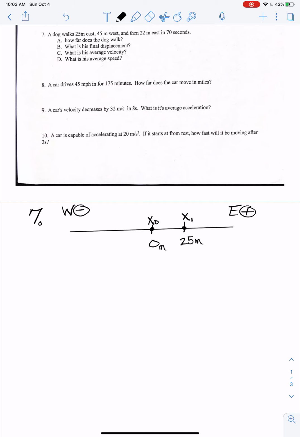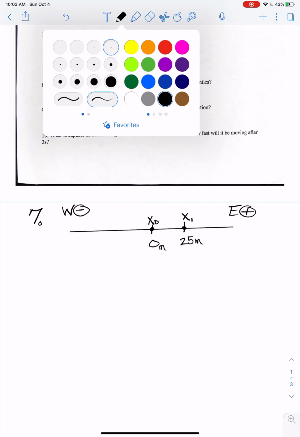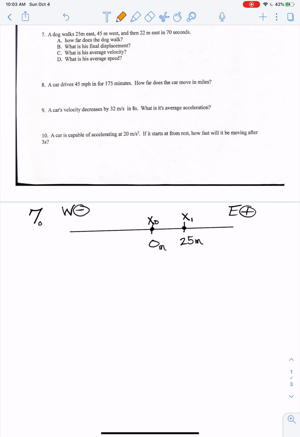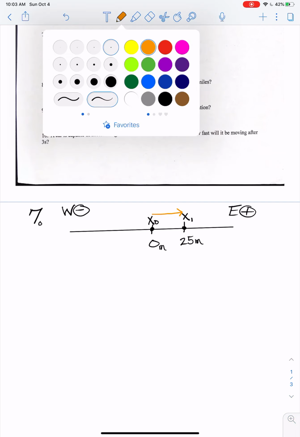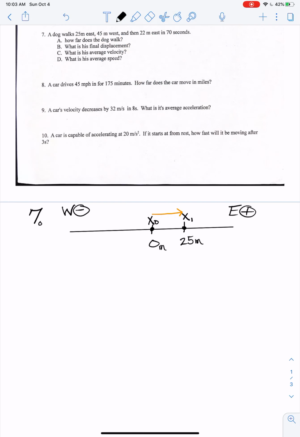And this dog is going to walk. Yeah, I like that. And then the dog is going to walk 45 meters west, so it'll take 25 to get back, and then 20 more.